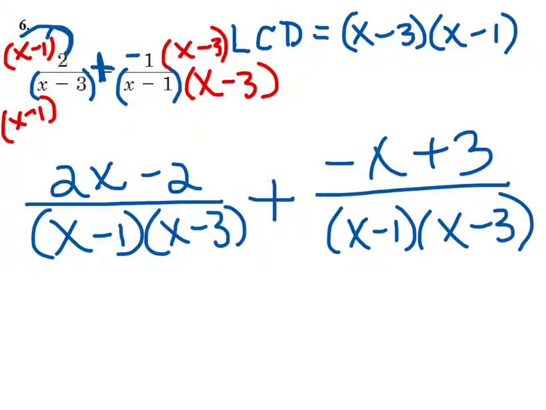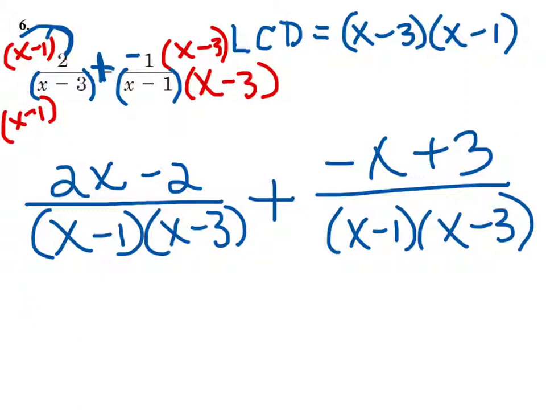Now that I have two rational expressions, this entire chunk and this entire chunk, with the same denominator, I can now combine my two numerators, the 2x minus 2 and the negative x plus 3, by addition. So let's combine like terms.